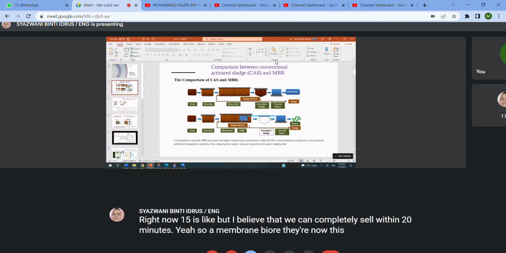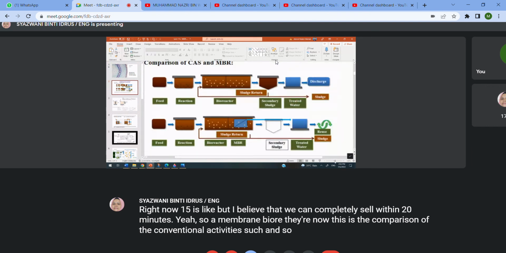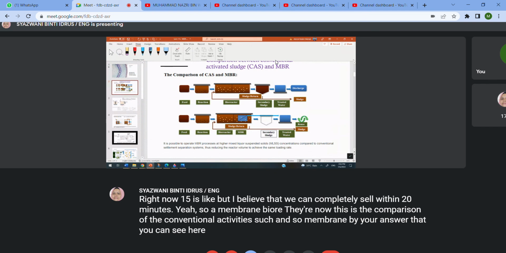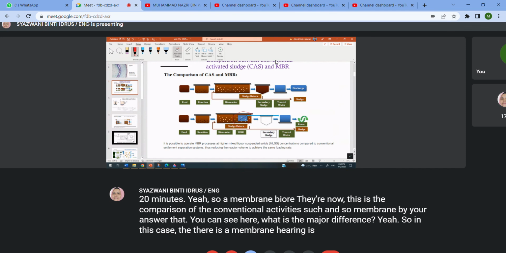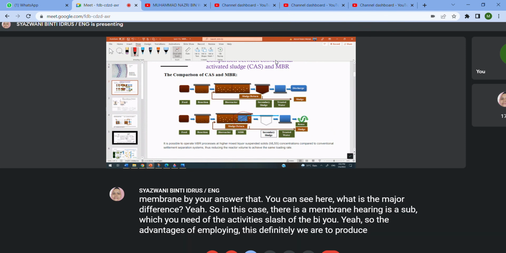Now this is the comparison of the conventional activated sludge and also a membrane bioreactor, so that you can see what the major difference is. In this case, there is a membrane retained as a submerged unit of the activated sludge bioreactor. The advantage of employing this is definitely that we produce a better quality of effluent.